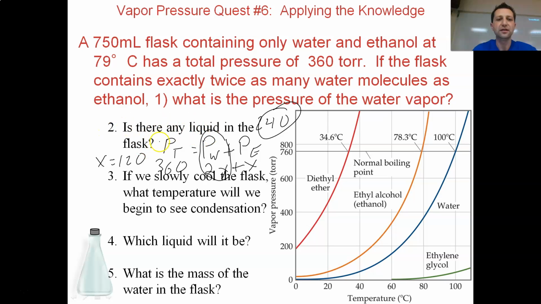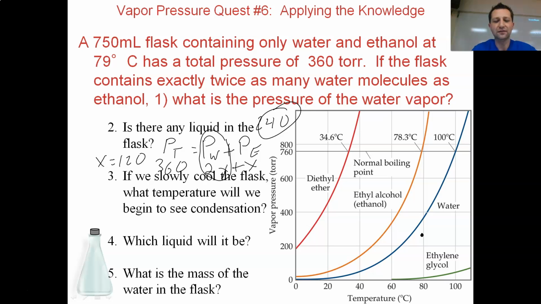Question 2, is there any liquid in the flask? Well, now that we know what the partial pressures are of everything, we can look at our curve here and figure it out. So partial pressure of water at 79 is 240. So 240 is between 200 and 400. So we're talking around here maybe.